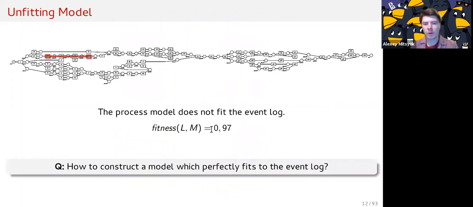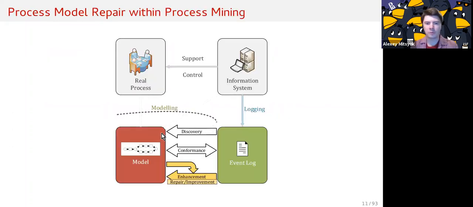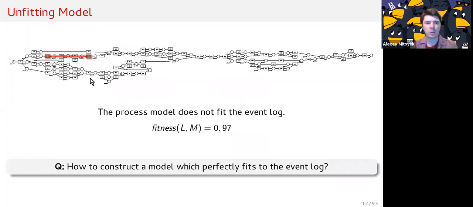Why do we need repair when we actually have discovery algorithms? I will try to motivate the need for repair methods with a rather simple example.